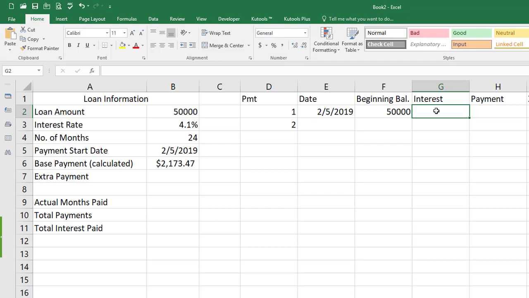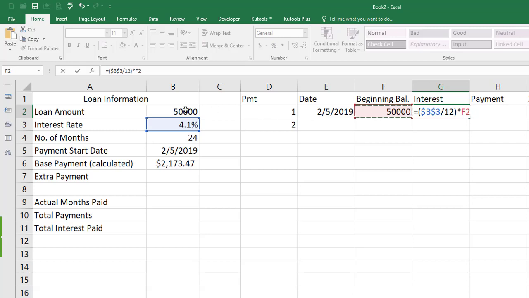Now for the interest, that's going to be equal to, I'll use some parentheses here, my annual rate, and I'm going to do this with absolute references. I press my F4 key to make that absolute, divided by 12. That gets my monthly rate, and I'm going to multiply that by the beginning balance.